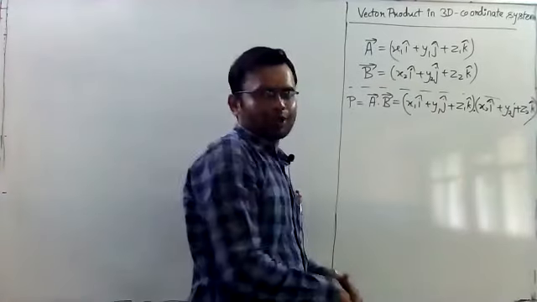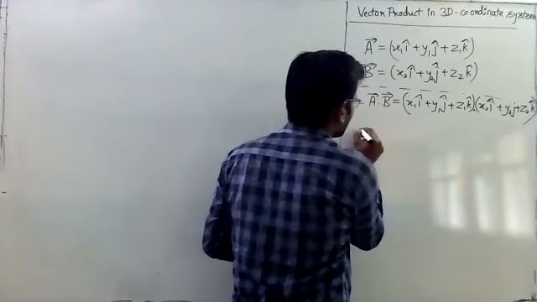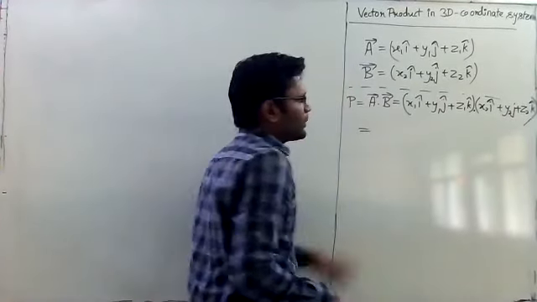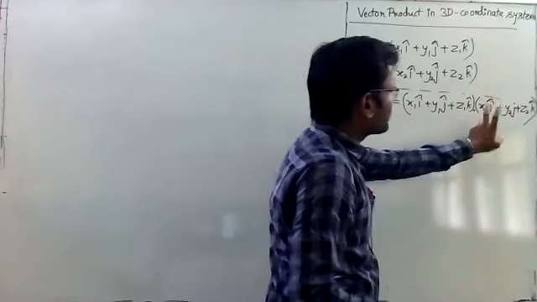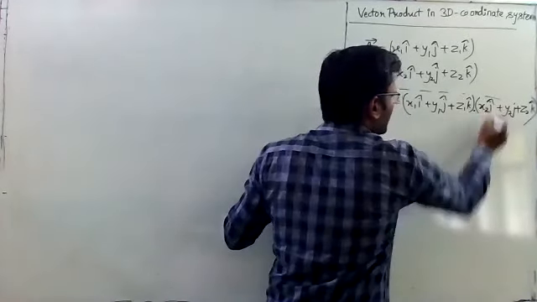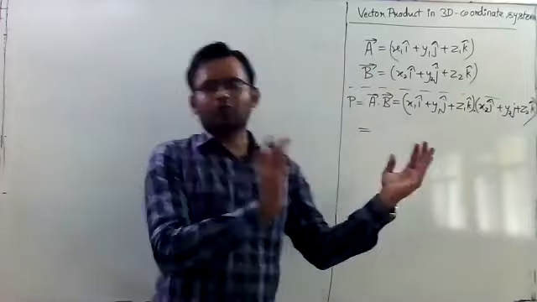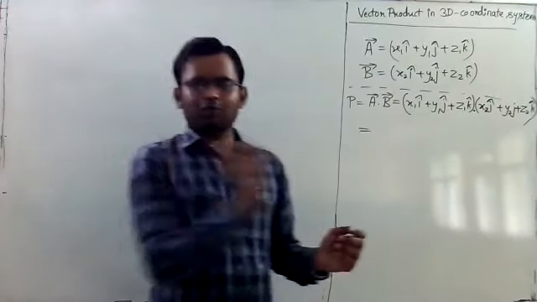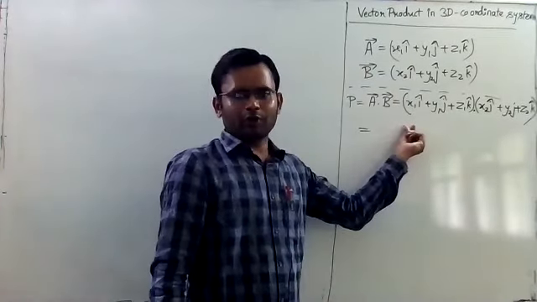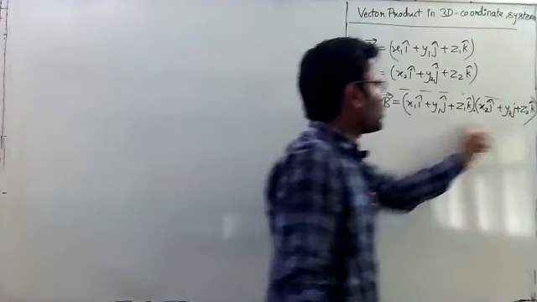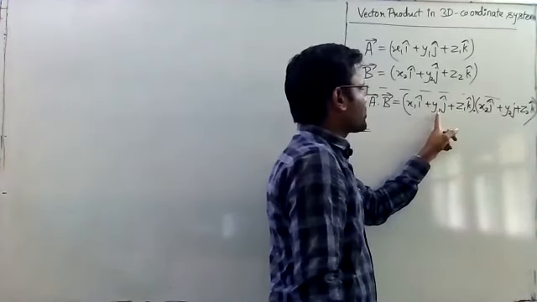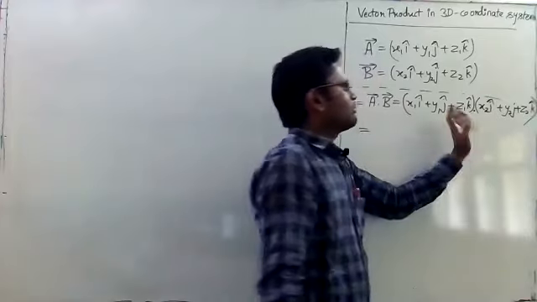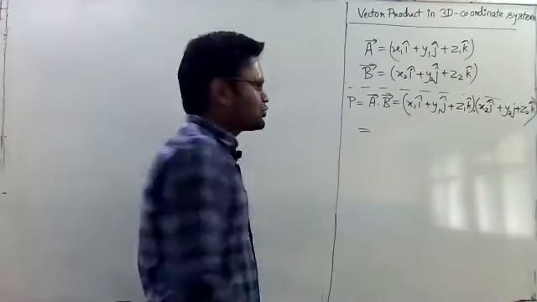And what I need is the product of these two vectors. Suppose P is the product, equal to A dot B. So what am I going to write? A is x1 i plus y1 j plus z1 k, dot x2 i plus y2 j plus z2 k. So what to do in this case? If I start multiplying one by one, x1 into x2, we do the same thing. If you are multiplying two expressions, what are we doing? We are multiplying individual terms one by one. First term of the first expression, multiply this with all. Second term of the first expression, multiply this with all. Third term, multiply with all of this. This we are doing. So let's do it.